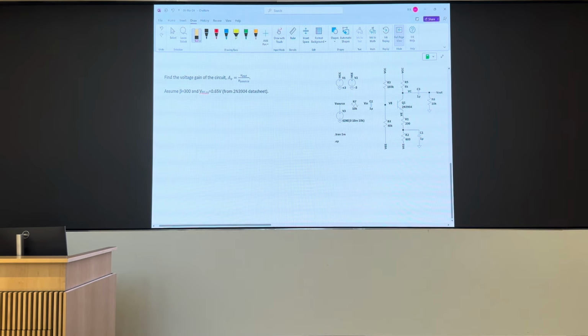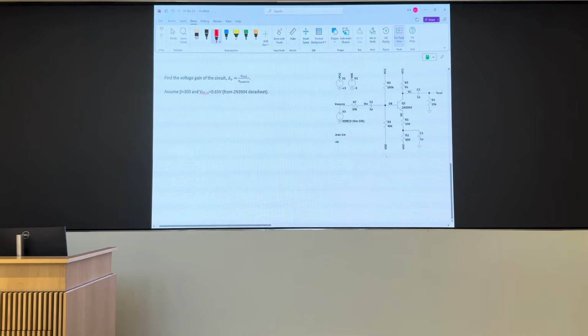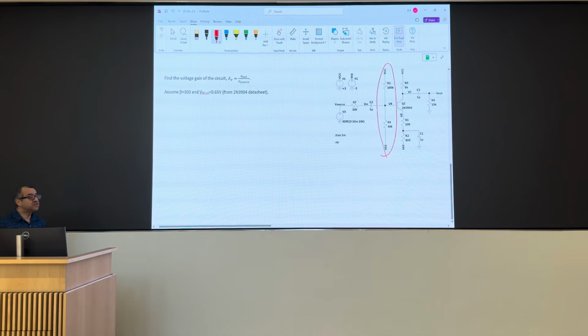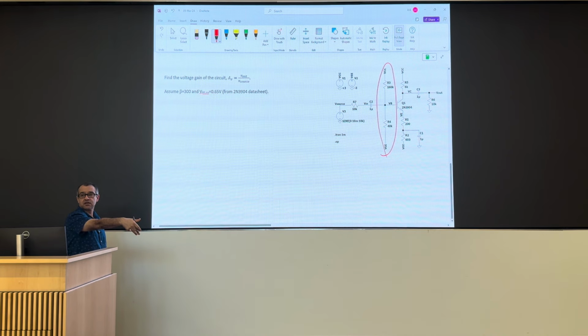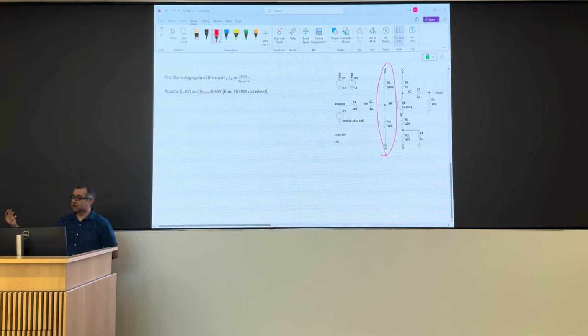What I like to do is to go and find the Thevenin equivalent of this portion of the circuit, attach it to the base, calculate base current. I'm just going to write it out.